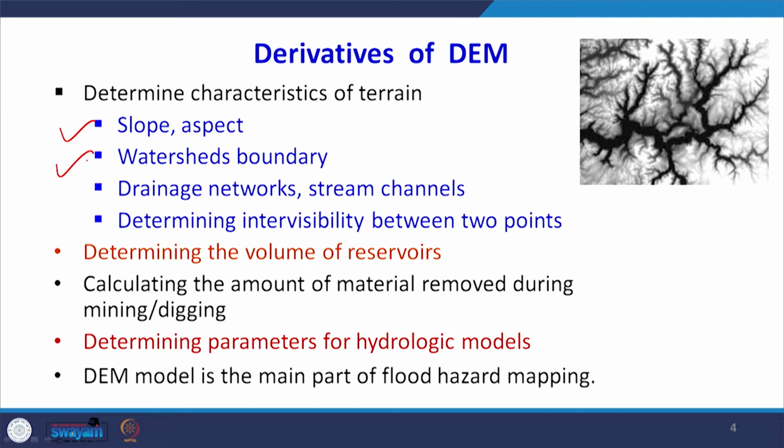Then it could be a watershed boundary, the outer watershed boundary, showing how much area is contributing to a river network; that can be computed. Drainage network, stream channels: one can identify the different drainage networks, the drainage density, etc., and the other streams, the first order, second order, third order streams which are joining the entire drainage network.